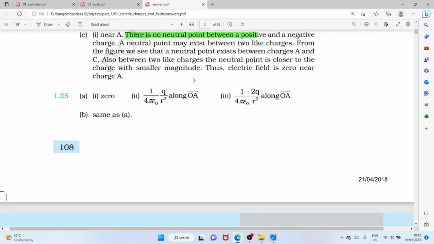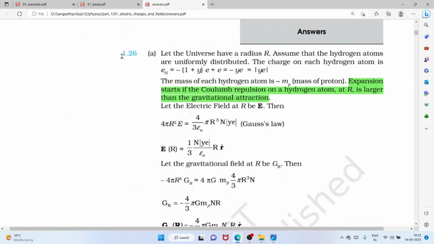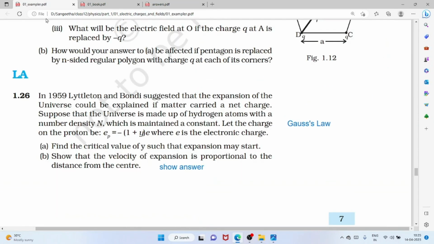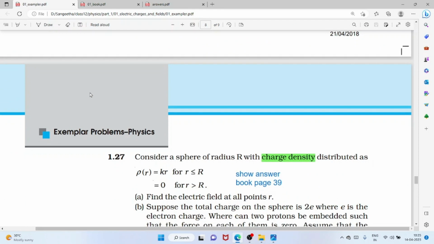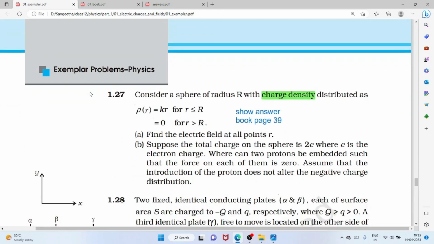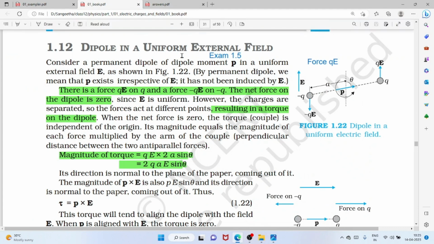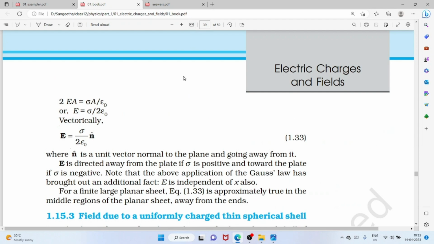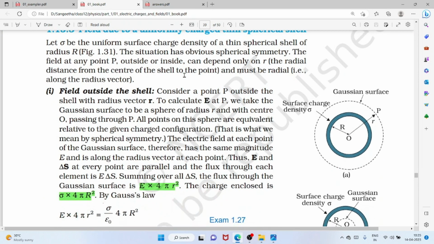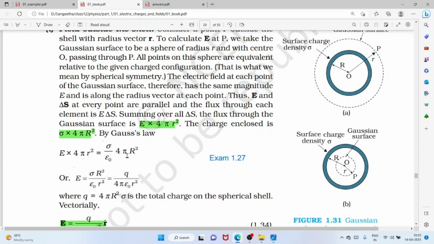26. Okay, answers for all the things are given. You can go through the answers using that formula. Okay, this is inside the cell, then outside the cell.